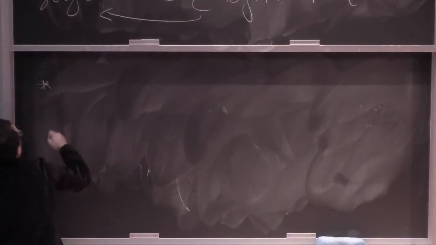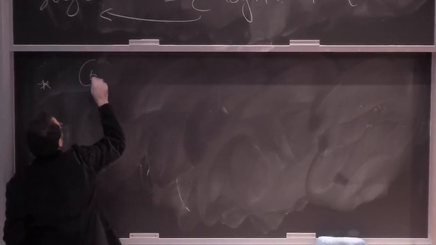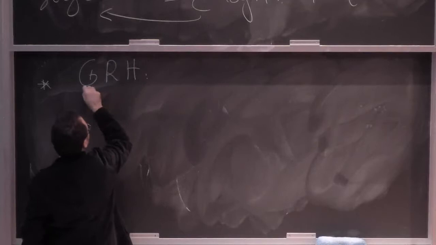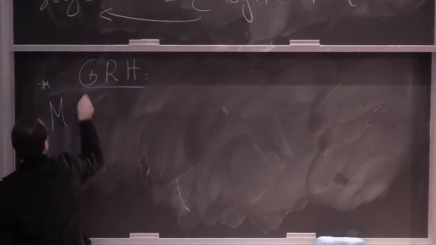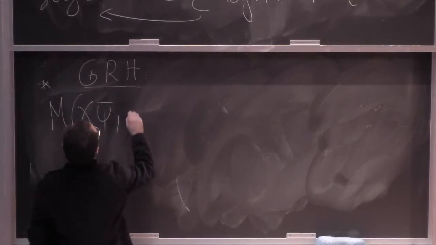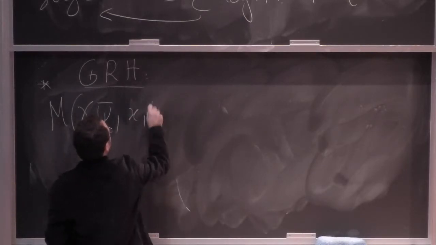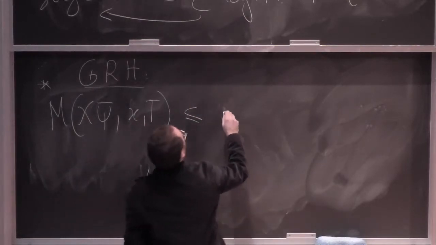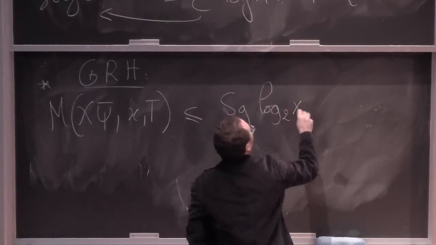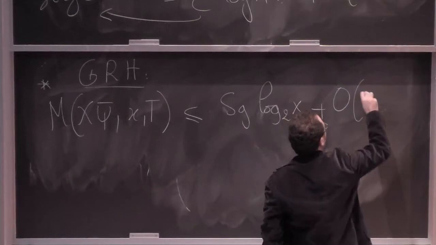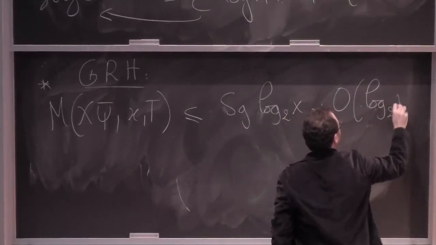So we proved this second result on GRH, but we don't actually need it in the proof, just to illustrate that we need to take small twists. So M(chi psi bar, x, t) will be smaller than delta_g log x plus this really tiny factor here, log m.